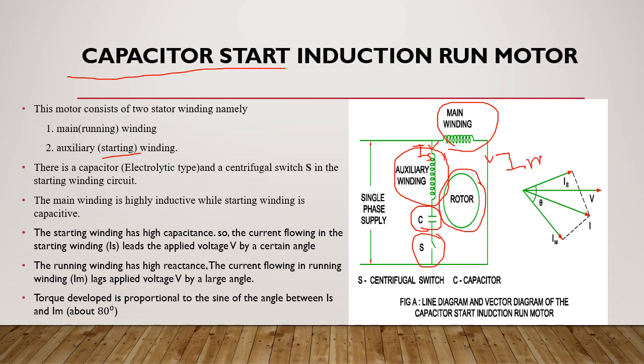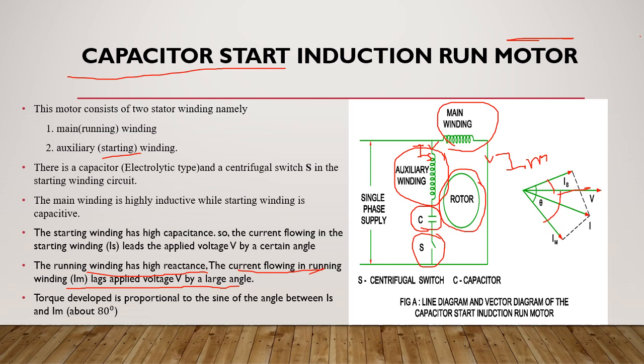Because the starting winding has high capacitance, the current flowing through the starting winding will lead the voltage by a certain angle. And the main winding has high reactance, so the current IM flowing in the running winding lags the applied voltage V by a large angle.